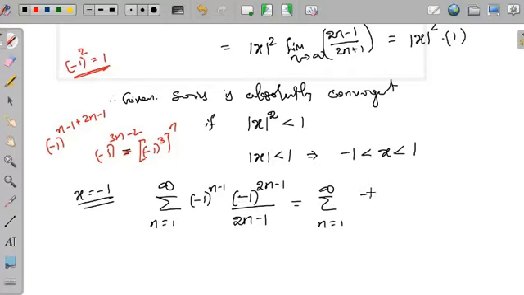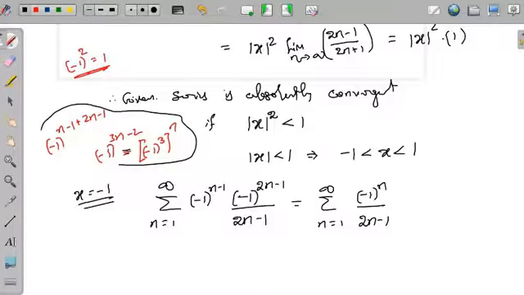I hope you can see the simplifications of all this. And now you tell me, is this convergent or divergent or conditionally convergent or what? Absolutely convergent.